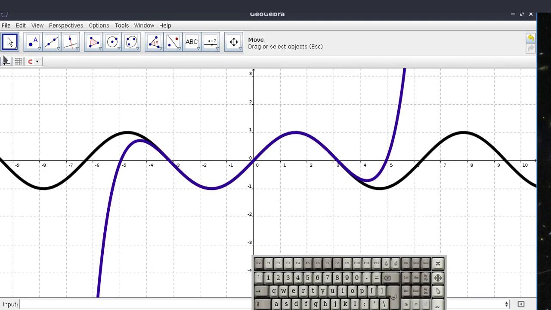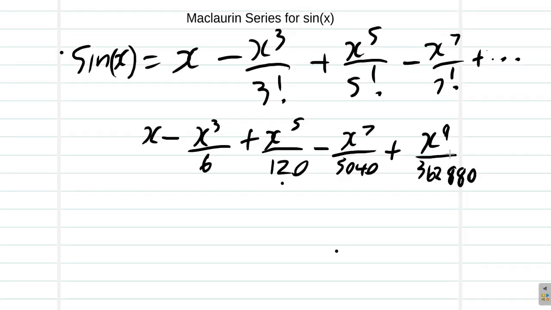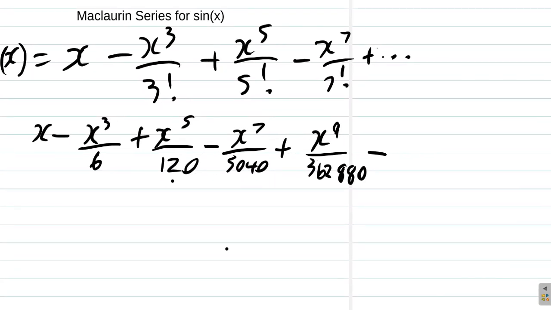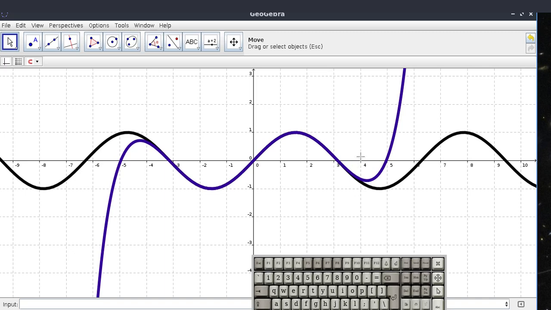Now, what would have been the next term? Well, you'd have to say minus. And that would give us x to the 11 over 11 factorial. What is 11 factorial?